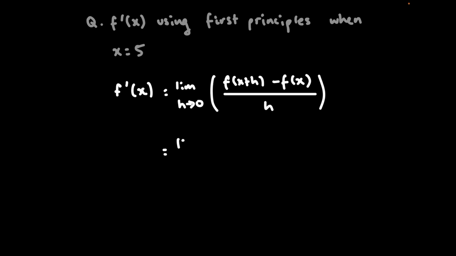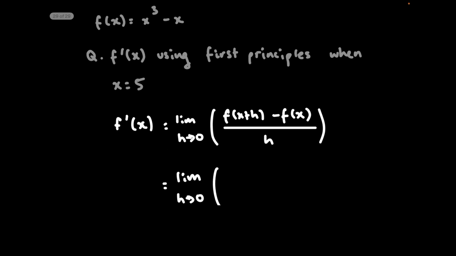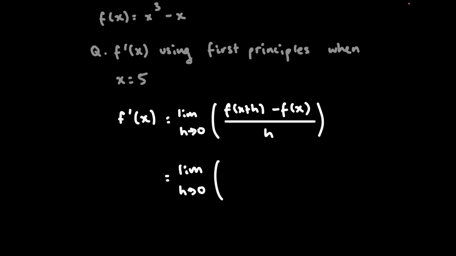So we have the limit as h approaches 0 for f of x plus h, which is simply replacing the input x with x plus h. So x plus h whole cubed minus x plus h. And then we can minus away f of x, which is literally this function here: we can minus away x cubed, and we can add back x. The reason we're adding it back is because a negative and a negative make a positive.